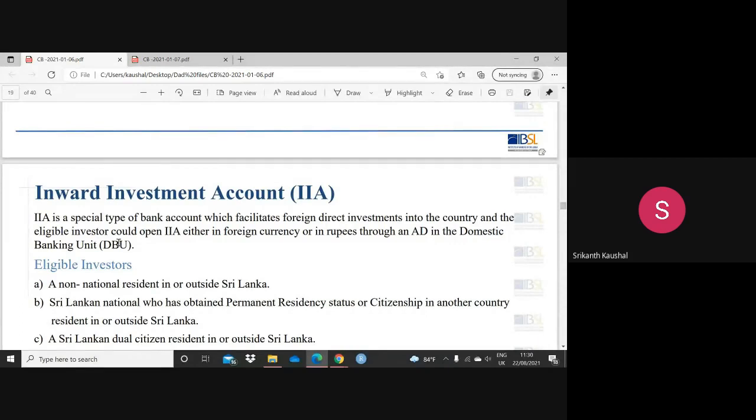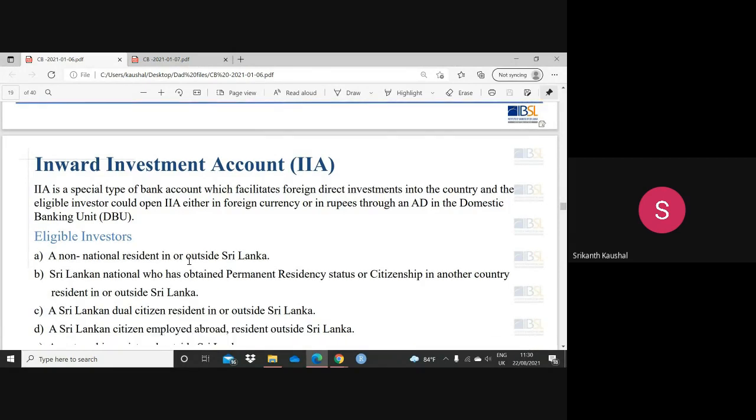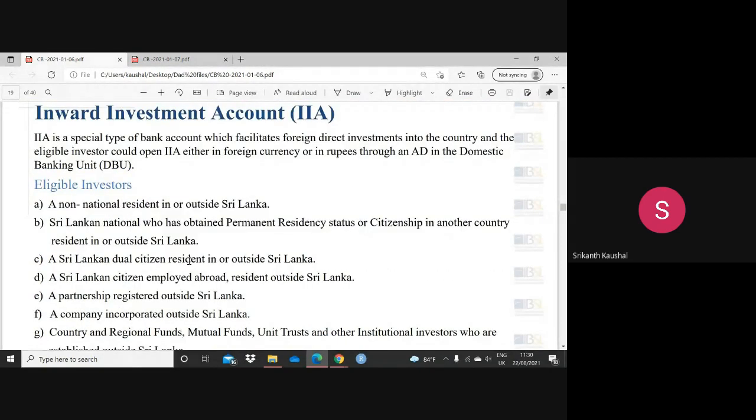So, who is eligible to open an IIA? Remember, this is meant for foreigners to invest into Sri Lanka, not for any locals. No point in locals getting involved. This is permitted for foreigners to invest into Sri Lanka. So everybody has to be a foreigner, a foreign individual, right?